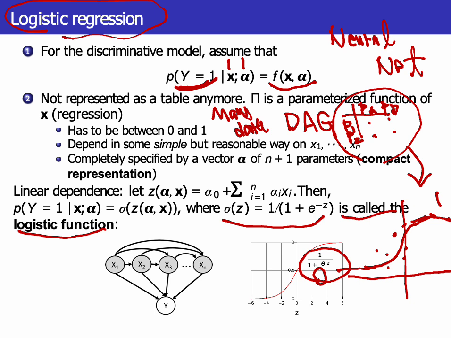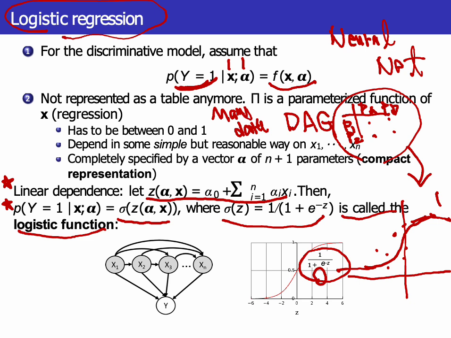And we assume the linear dependence z = alpha x, and p(y=1|x, alpha) = sigma(z).